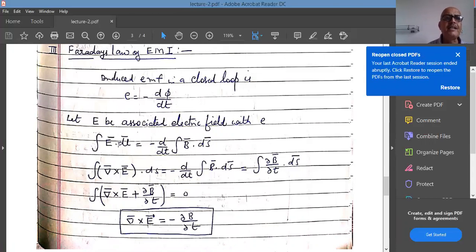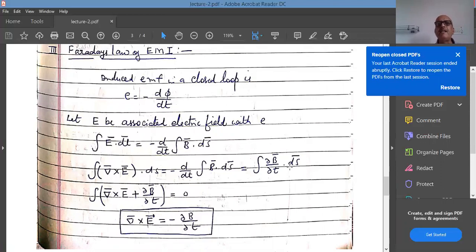We convert it by making use of Stokes theorem, which gives us the integral of curl of E dot ds equal to minus d over dt of the integral of B dot ds, which is equal to the integral of dB over dt dot ds, because ds depends on spatial coordinates like r, theta, phi or x and y, and t is the time coordinate.